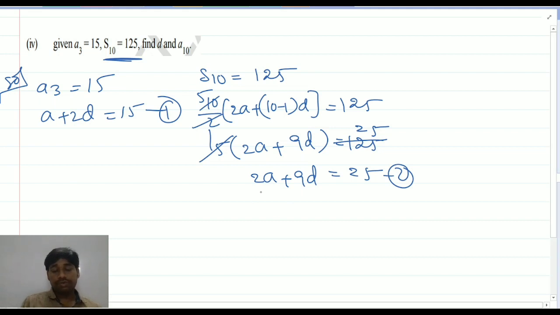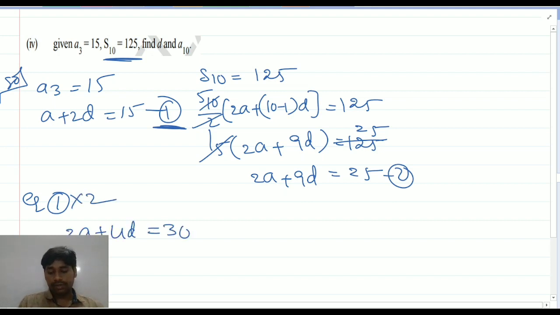So here we want to eliminate one term. For that, I will multiply the first equation with 2. So equation 1 is multiplied with 2. What will we get? 2A plus 4D is equal to 30. Okay, this is equation 3.